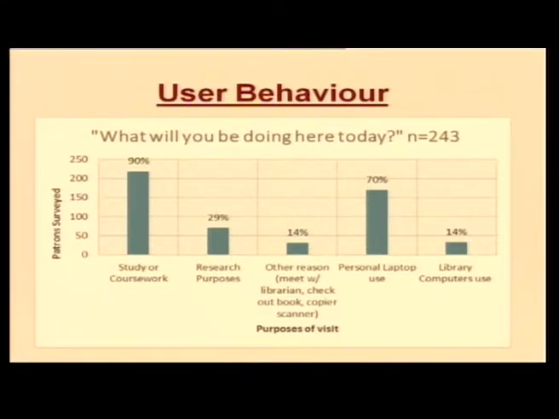Similarly, user behavior is changing a lot also. People use the library most for study or coursework, taking more and more help from library staff, and personal laptop use keeps increasing, because they are searching more on the internet or doing their study based on their own resources.